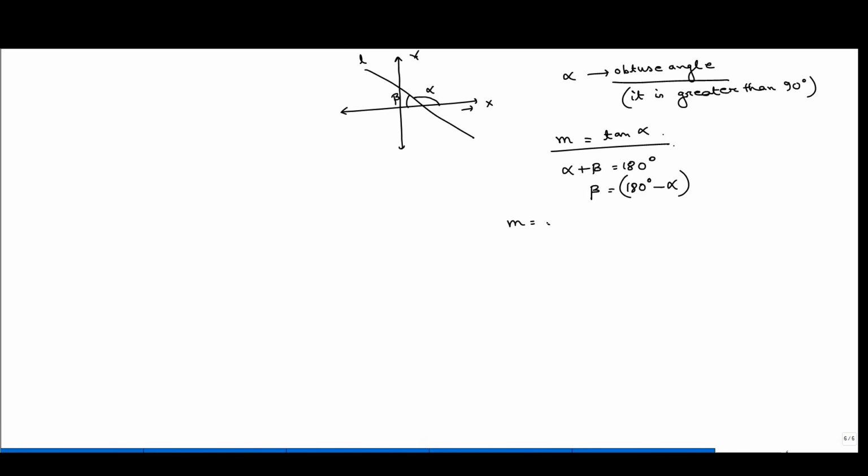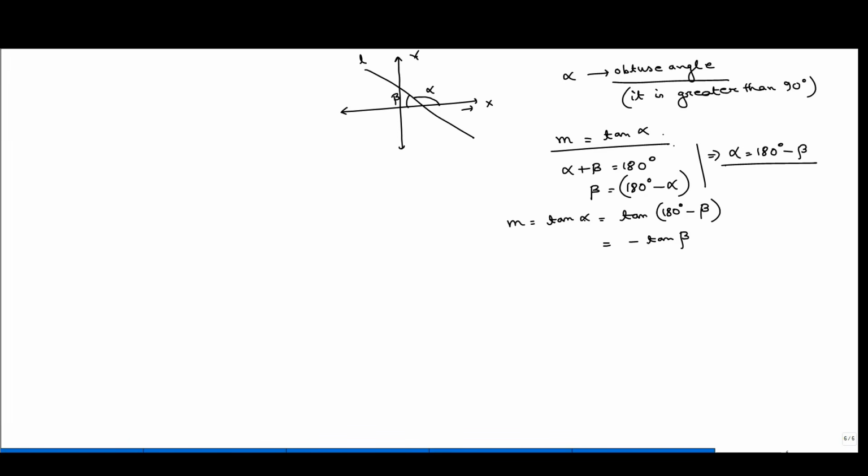So this m will be tan of alpha, equal to tan of 180 minus beta. So here we can also write alpha equal to 180 minus beta. So from that we are getting the slope is tan of 180 minus beta, and we know that tan of 180 minus some angle is nothing but minus tan of that angle.